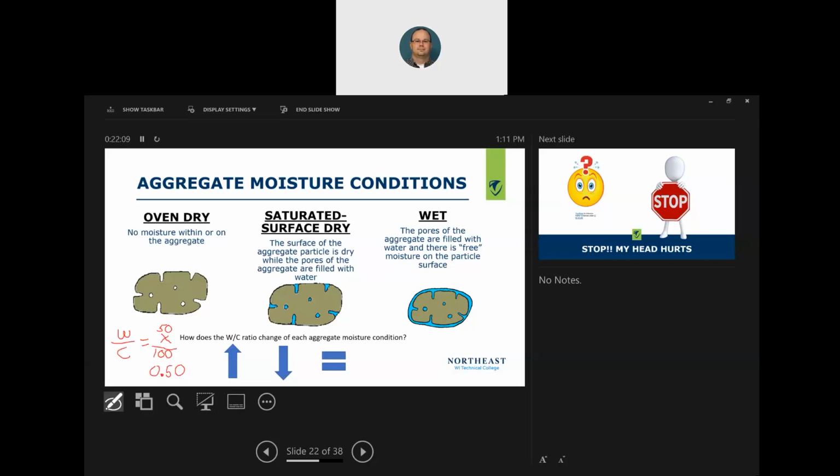My aggregates are oven dry, so we need 50 pounds of water to properly hydrate that cement. But some of that water is going to be sucked inside the pores. Would you agree? I agree. So there will be less mixing water, because some of the 50 pounds was sucked into the aggregate.